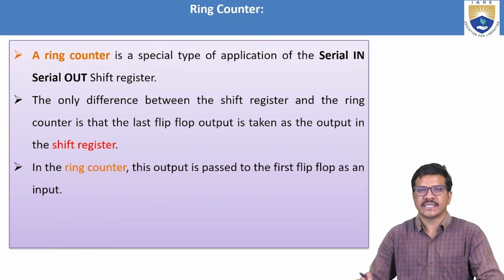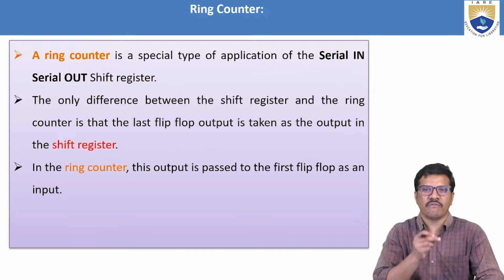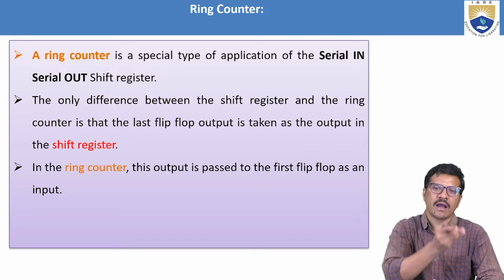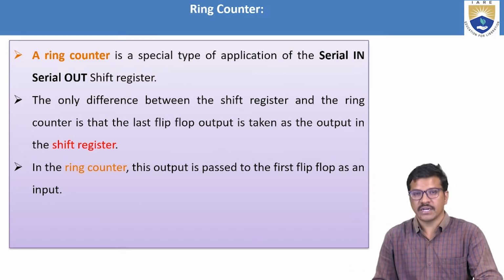In contrast, in the ring counter, this output is passed to the first flip-flop as an input. In other words, the output of the last flip-flop is taken back as feedback and given to the input of the first flip-flop. So this is the difference between a ring counter and a shift register.